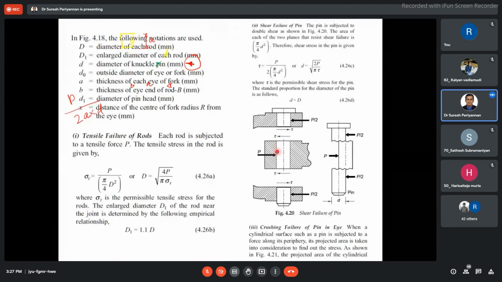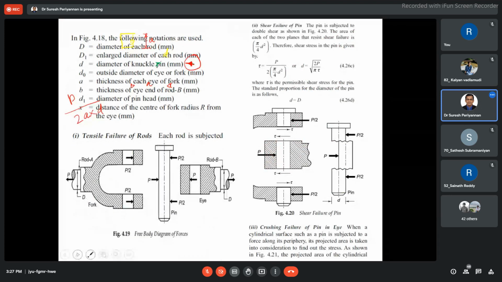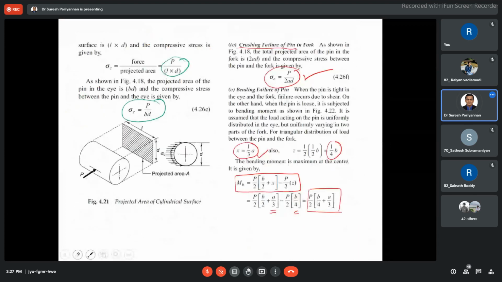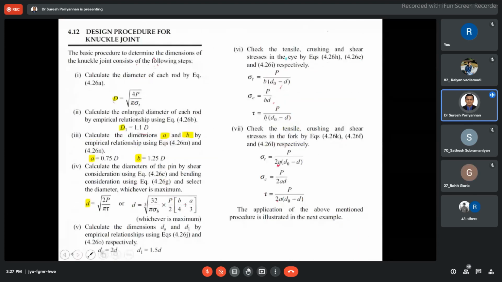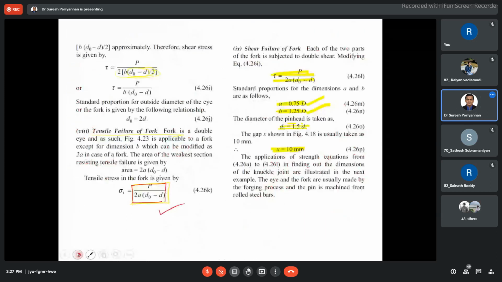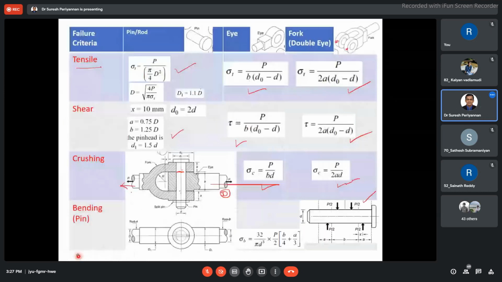Due to compressive stress, there is a crushing failure of the pin. This is the pin, and the eye end is connected here. That is different from the shear failure of the pin, which is P by 2 into pi by 4 d square.